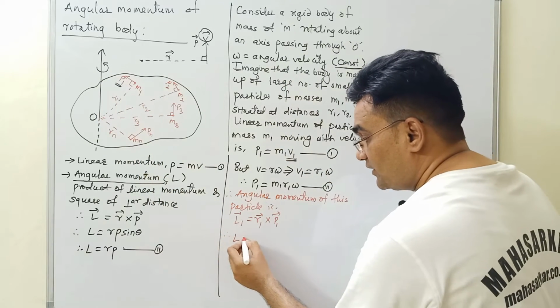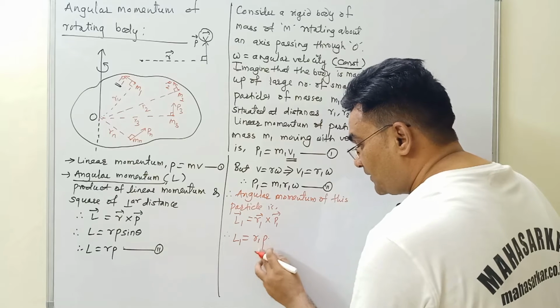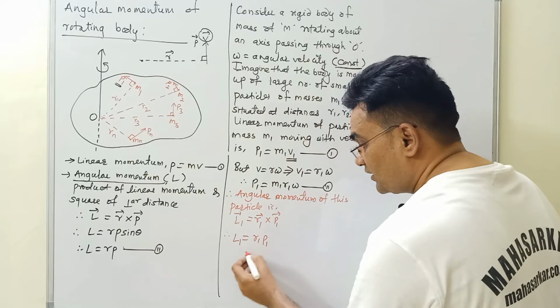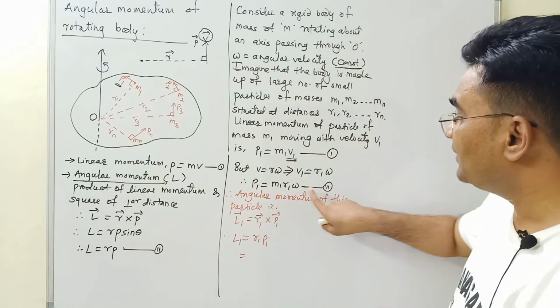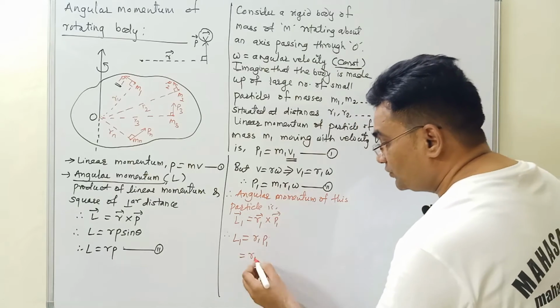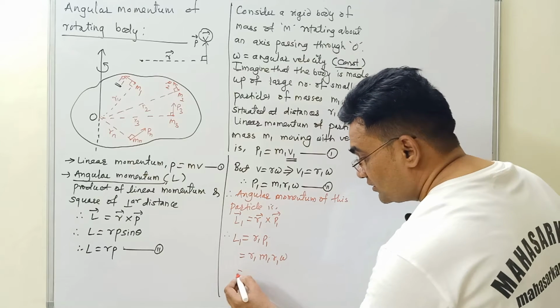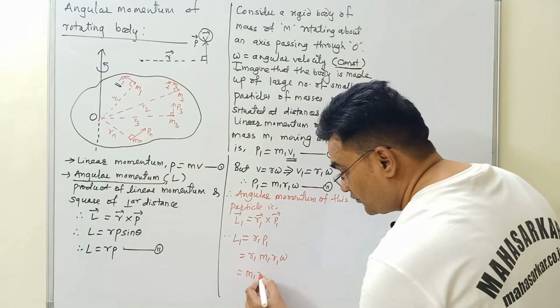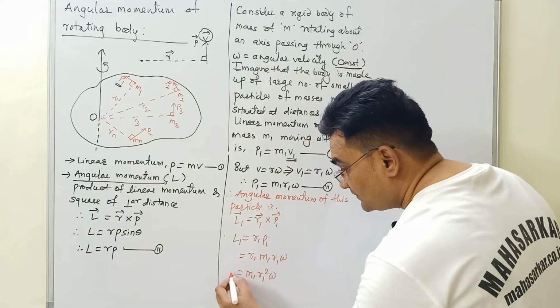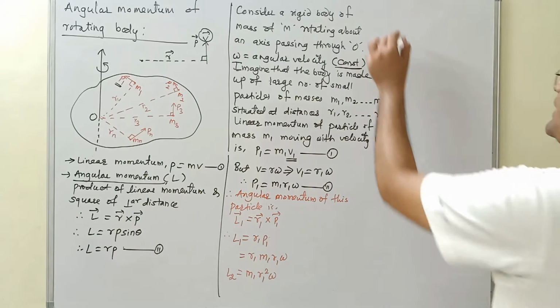Therefore, I would write L1 equal to r1 into p1. Substitute the value of p1 from equation 2. So we get r1 into m1 r1 omega, that means m1 r1 square omega. So this is the angular momentum of the first particle.